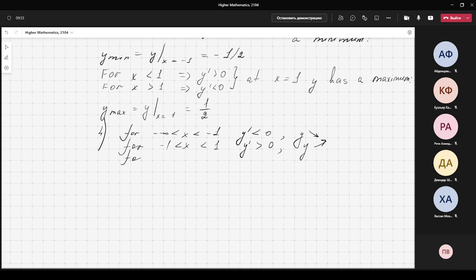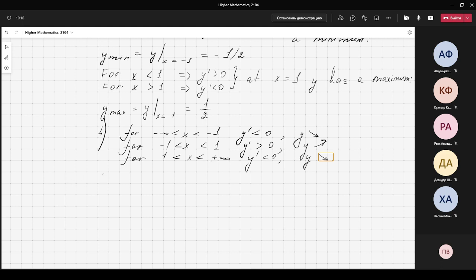For x from 1 to plus infinity, the derivative of our function is less than 0. It means our function decreases.